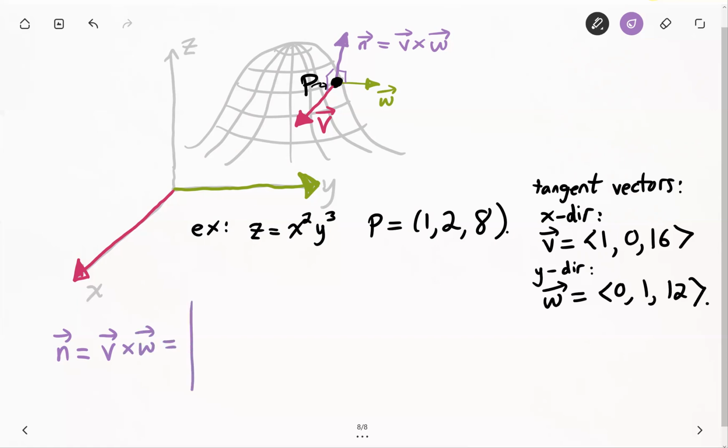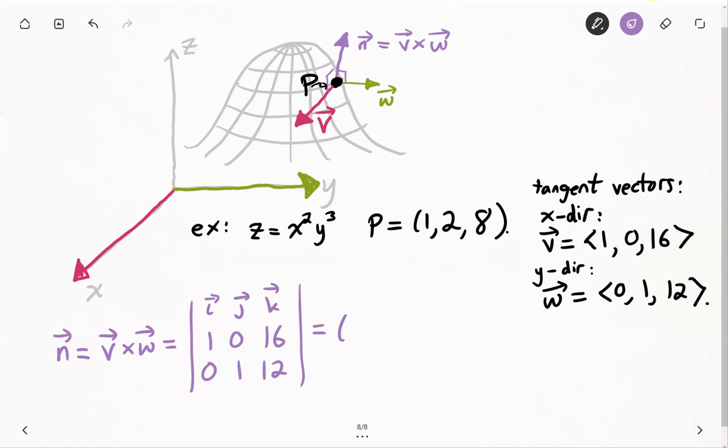And I can calculate that with this matrix-based mnemonic. I'll put v on the second line, 1, 0, 16, and then w is 0, 1, 12. And that vector is going to be something times i plus something times j plus something times k.